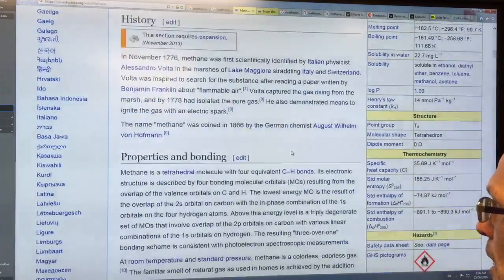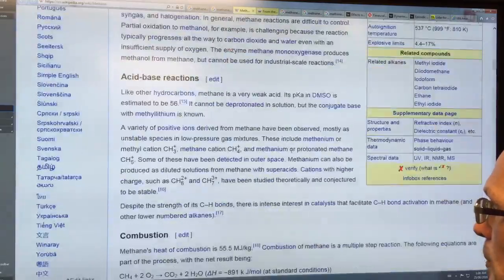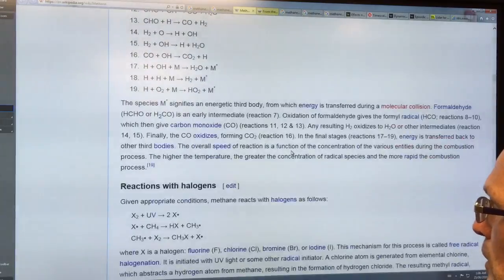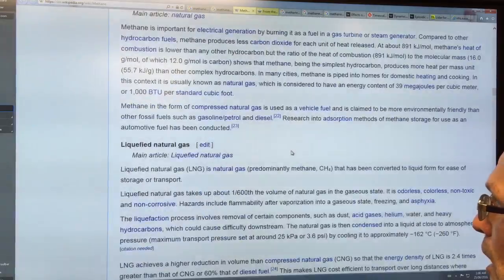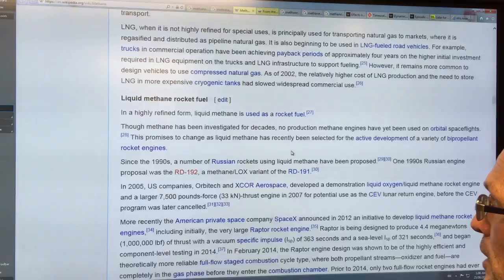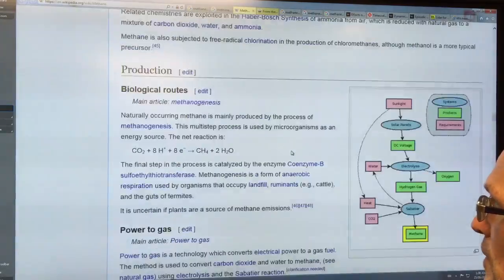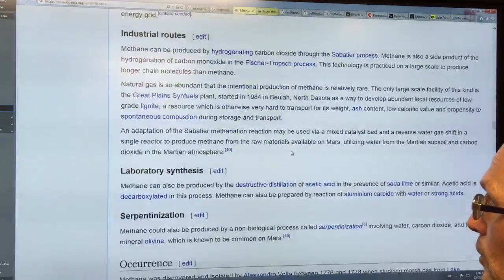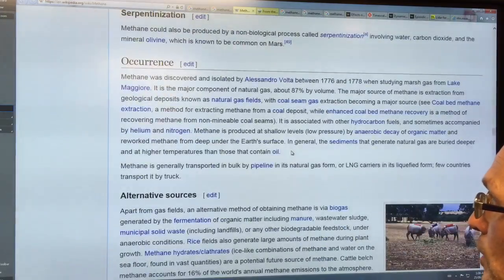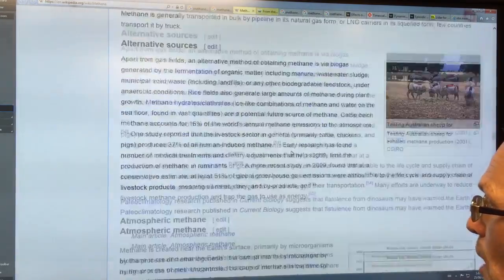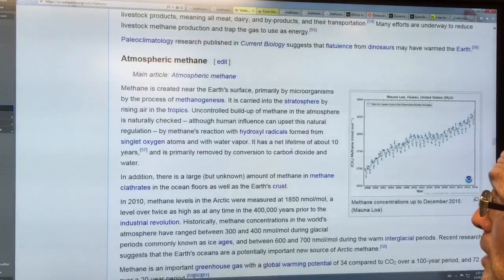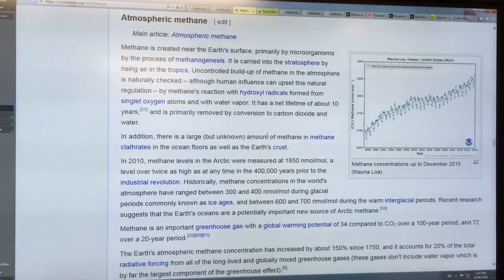There's lots of information on the molecule itself here. We'll just focus on the greenhouse gas properties, the atmospheric methane. Methane is created near the Earth's surface by microorganisms.